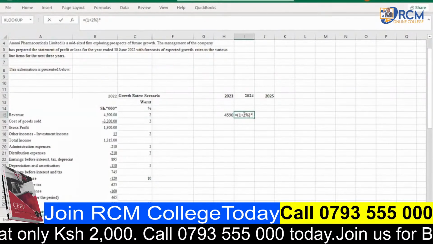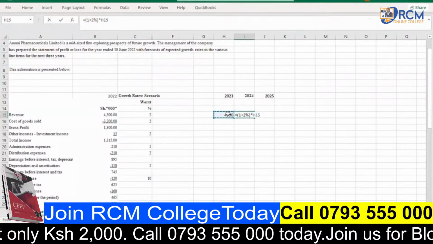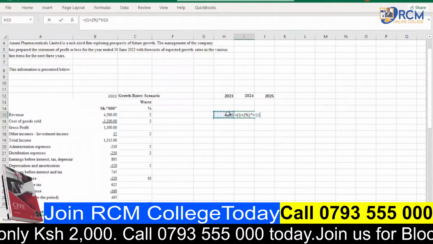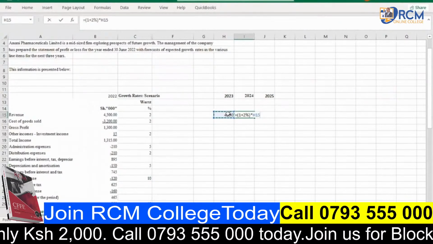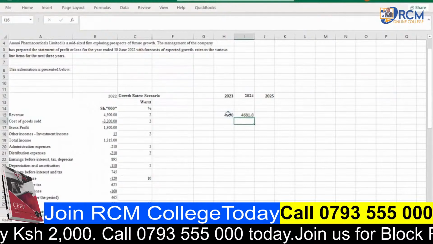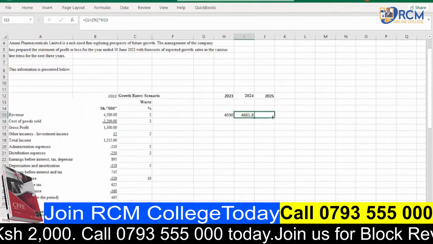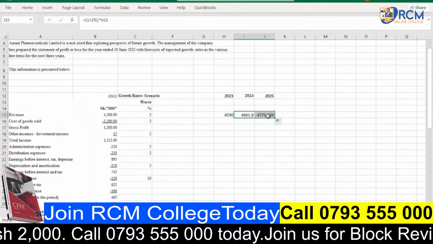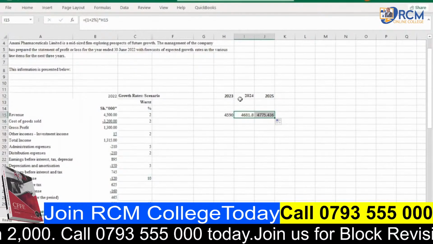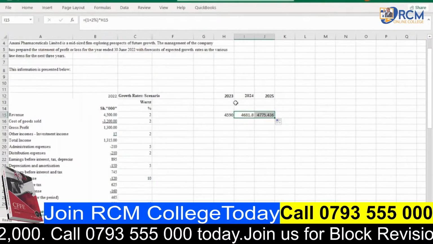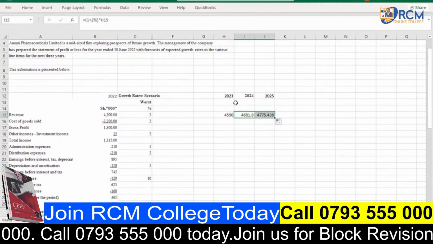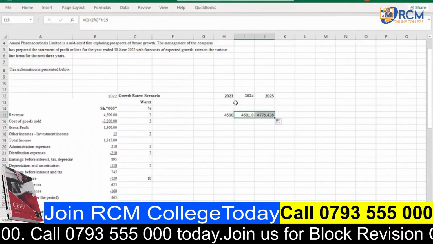Then I multiply by the revenue of the previous year, which now is 2023. So enter, and then you can now autofill to get the revenue for 2023, 2024, and 2025. It will be better to convert to 0.02 to avoid extra work.